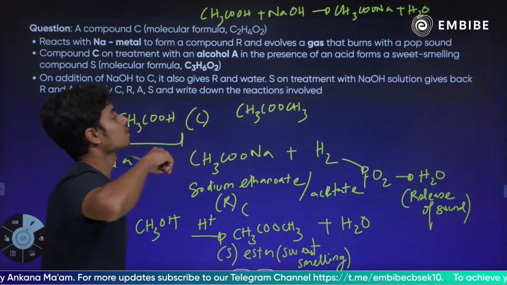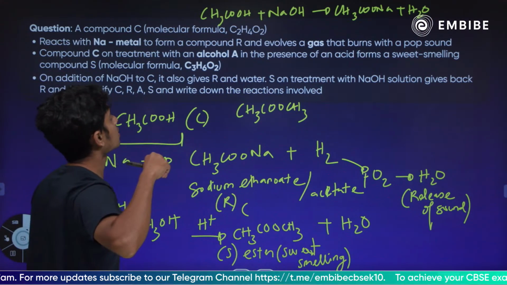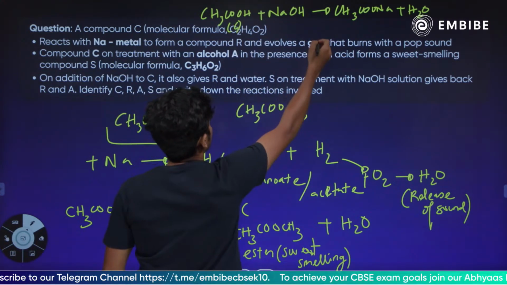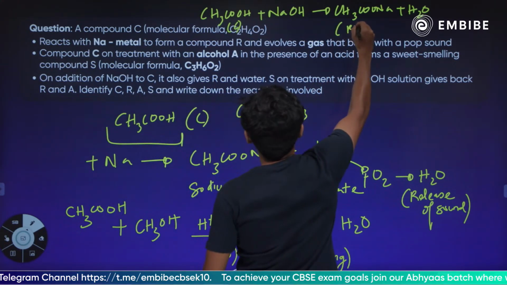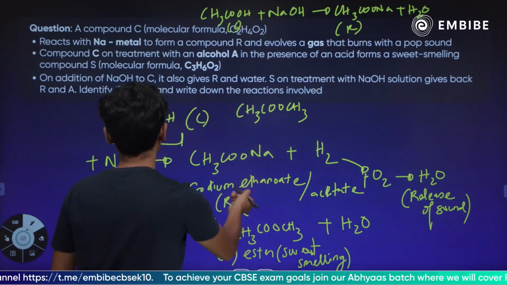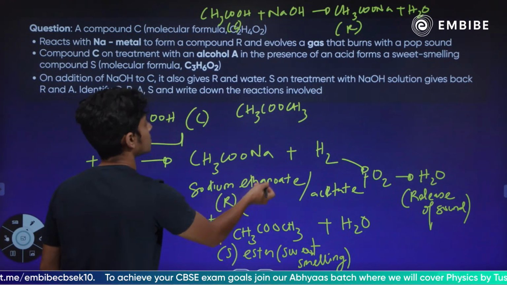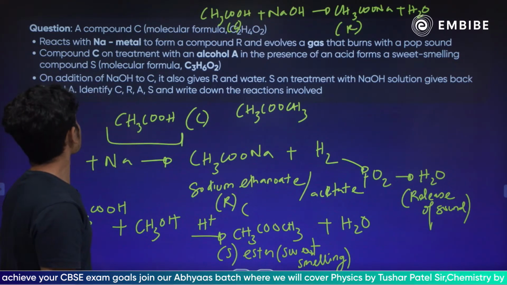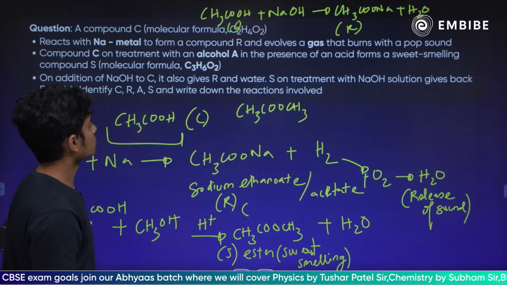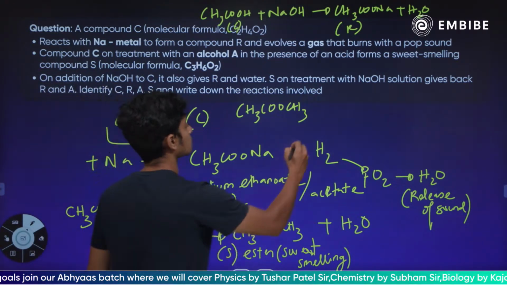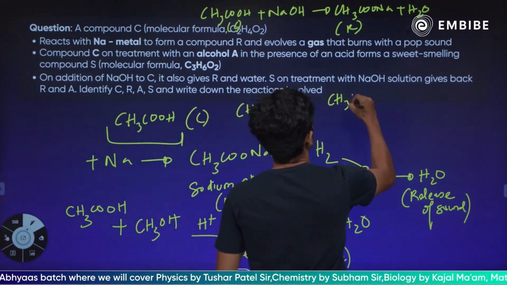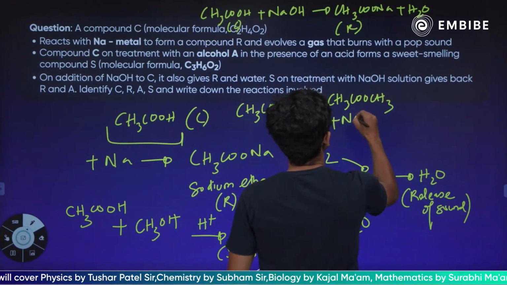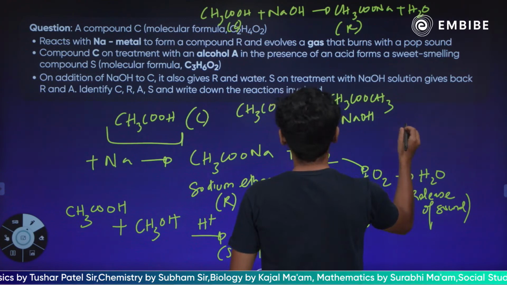So this is my compound C reacting with NaOH gives my compound R. This was also my compound R, sodium ethanoate, acetate, again I am getting back. Next, if you treat S, CH3COOCH3, with some NaOH, it again gives back R and A.